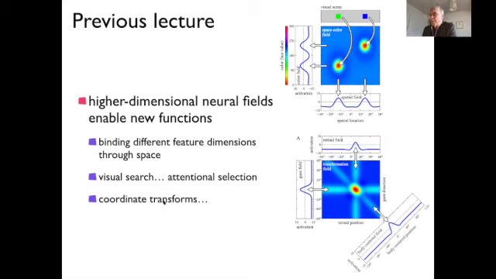And again, it's not just a question of the dimensionality of the fields per se, it's the fact that these fields combine dimensions of a different nature. For instance, here, a field would combine color space and visual space, or here it would combine the position of the eye in the socket, or of the gaze in the head, and the retinal field, two very different kinds of spaces combined into one space.